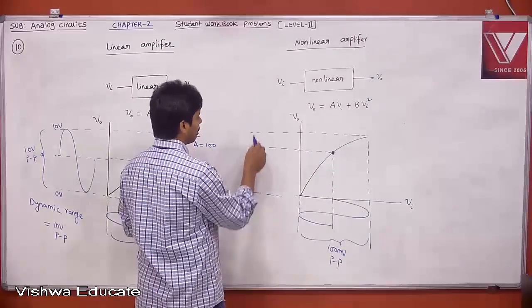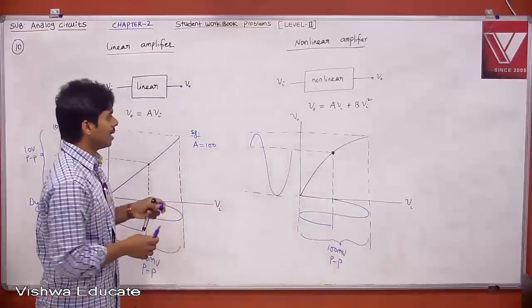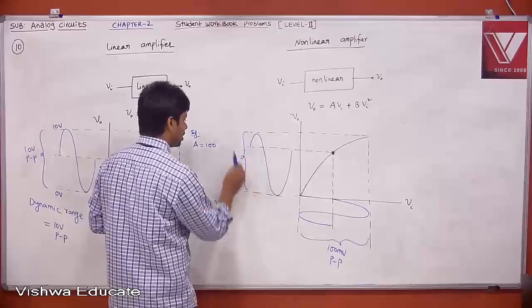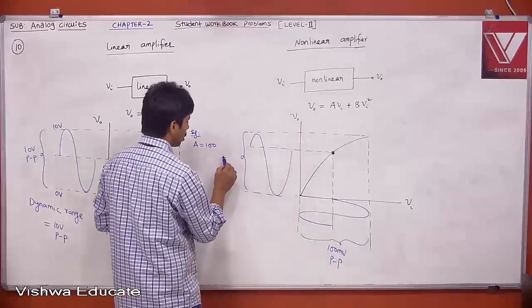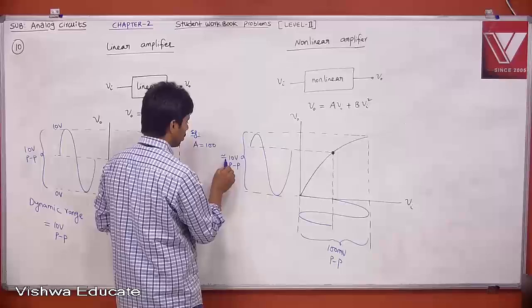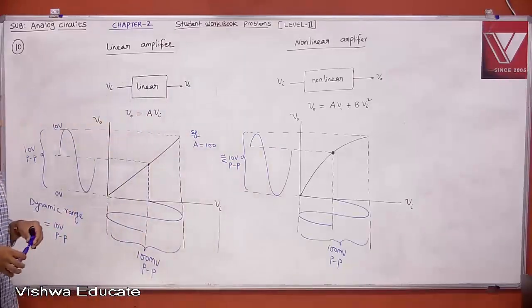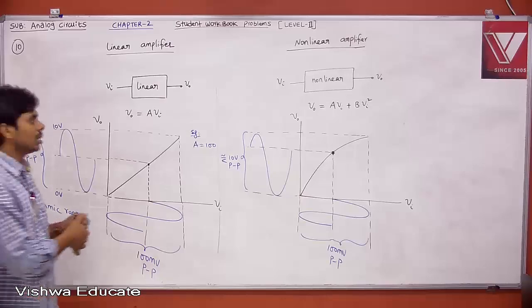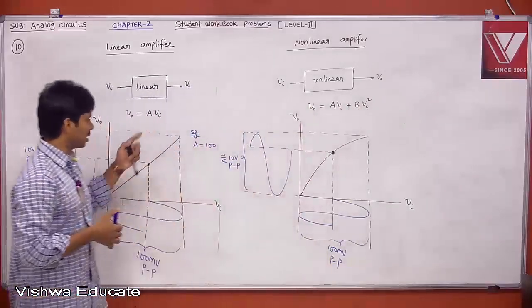It's not 10, it will not go, but if you see here, let us say the output peak to peak is close to 10 volt. Actually, this will be 10, but let us say it is close to 10 volt peak to peak, but less than 10 volt. Because this factor is negative, therefore it will be less than that.